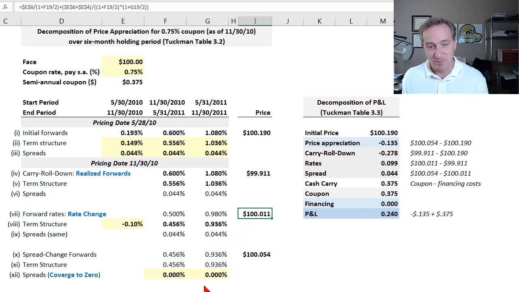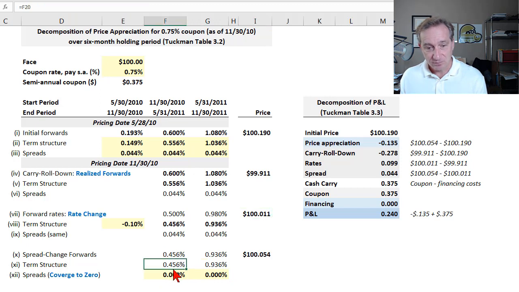And the third component here is the spread change, narrowing or widening. This is oftentimes, in reality, for risky bonds, what gets a lot of the attention. And so here, another assumption, and what Tuckman's assumption makes is that the credit spread for this bond narrows, in this case dramatically. To keep it simple, it narrows to 0.